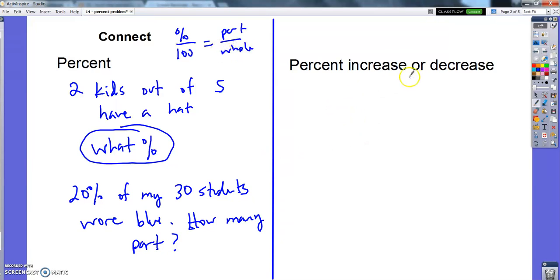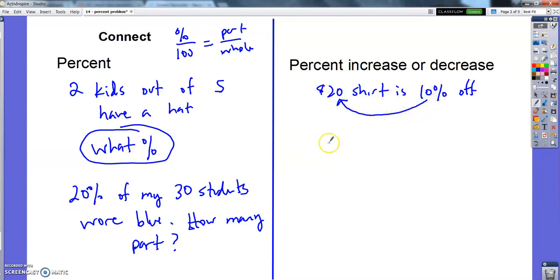Then later in the year, we talked about percent increase or decrease, where it was sort of like, a $20 shirt is 10% off. How much is it? So we didn't find a percent so much as we increased or decreased a number by a percent.